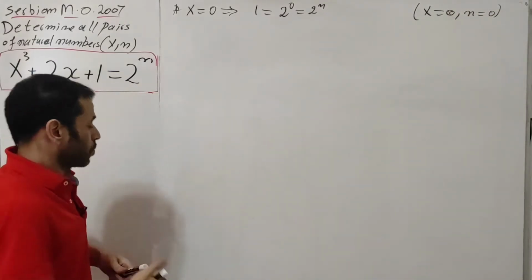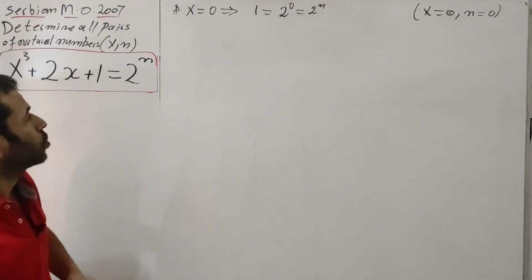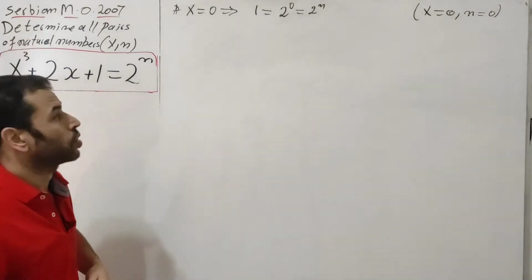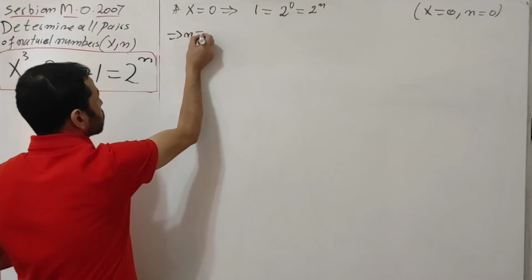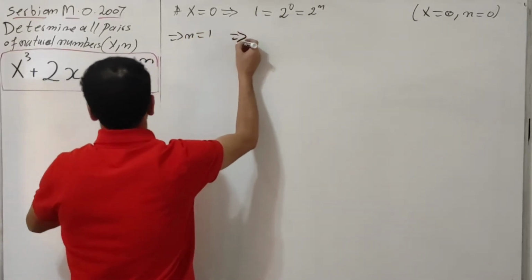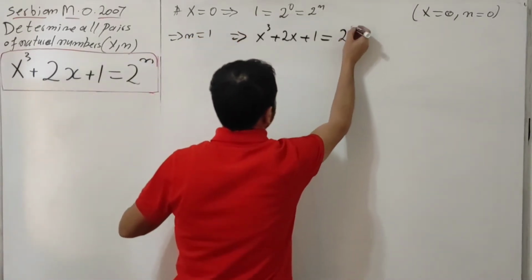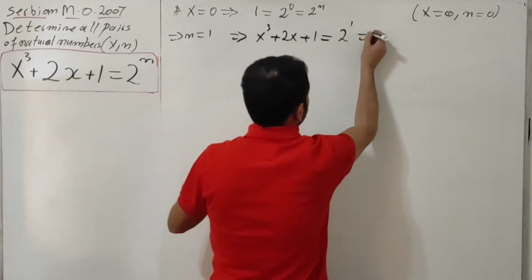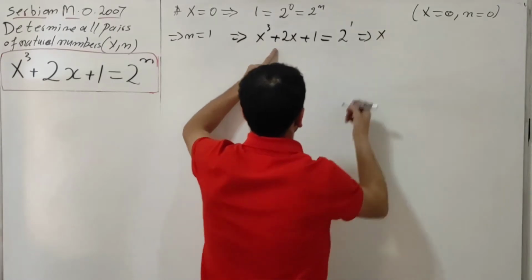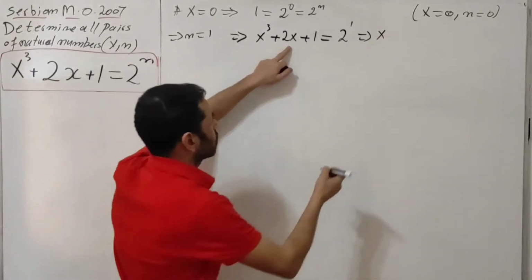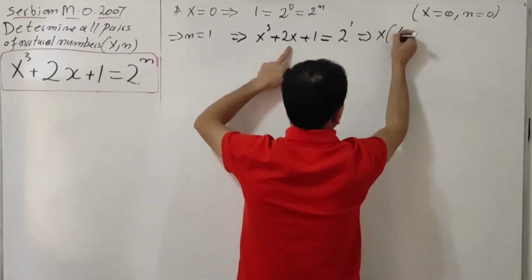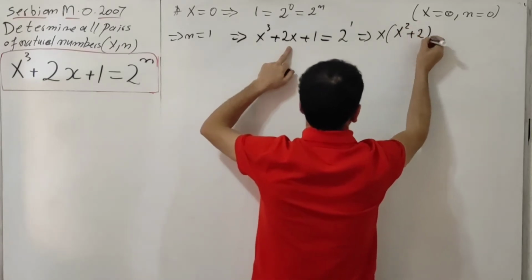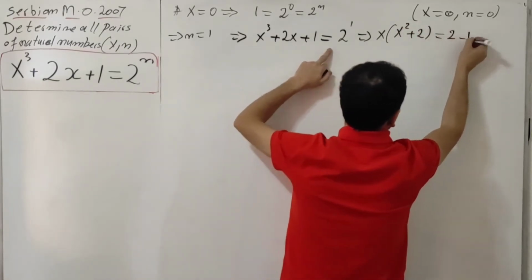So it's very simple. So I'm going to check n equal to 1. So I will get here equals 2 to the 1. I'm going to bring this one to the right hand side of this equation. I will get x. At the same time I'm going to take the x as a common factor. I will have x multiplied by x squared plus 2 equals 2 minus 1 equals 1.